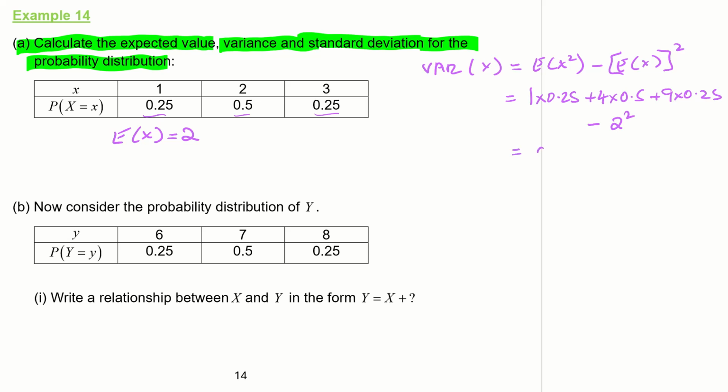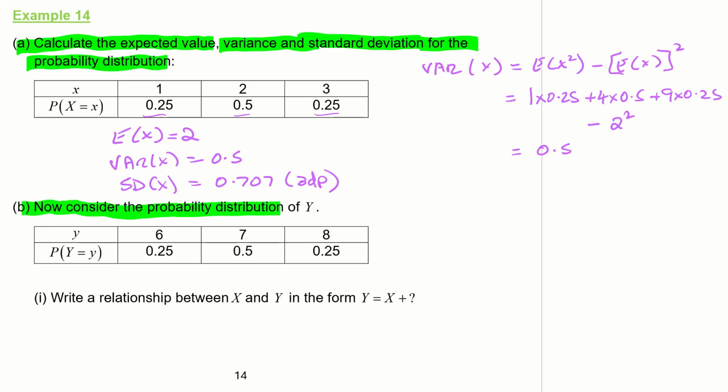And if we do that, it is 0.5. So var x is equal to 0.5. And then the standard deviation of x is just going to be the square root of that, which is 0.707, correct to 3 decimal places.